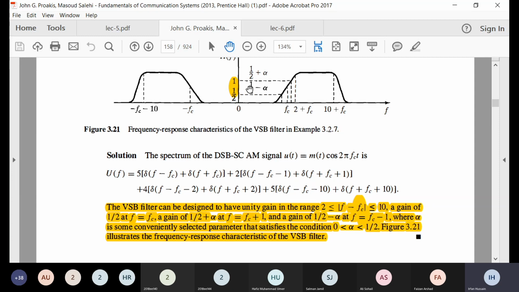So this could be my half minus alpha. This height could be half plus alpha. And fc will be at half height, half, and then half plus alpha. This point will lie at half minus alpha.